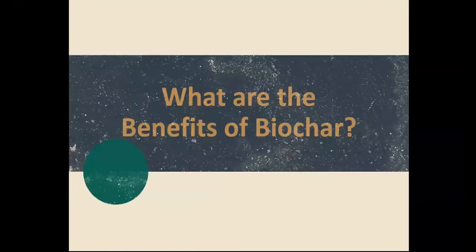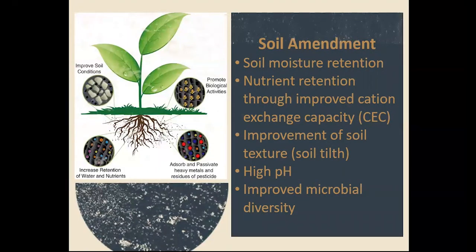So what are some of the benefits of biochar? I've already mentioned this, but one of the key reasons that we make and use biochar is for amending soil. It is a highly beneficial material when mixed with compost and manure. It increases the texture of our soil.